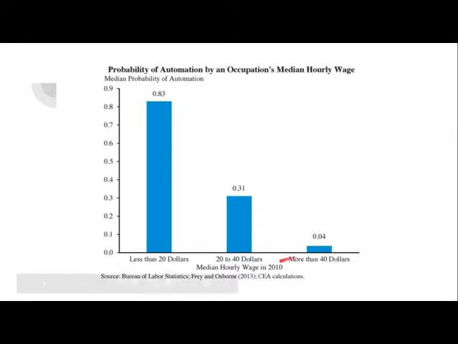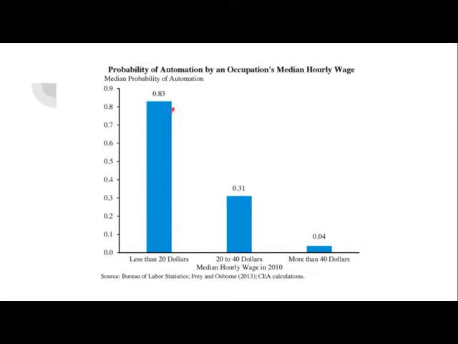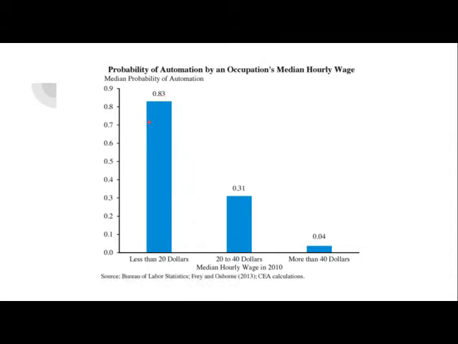As we can see here, this chart is about how likely a job will be replaced by automation, which is technology. And we can see here a job that pays less than $20 is very likely to be replaced by technology, which indicates that IA has gradually been replacing blue collar jobs.